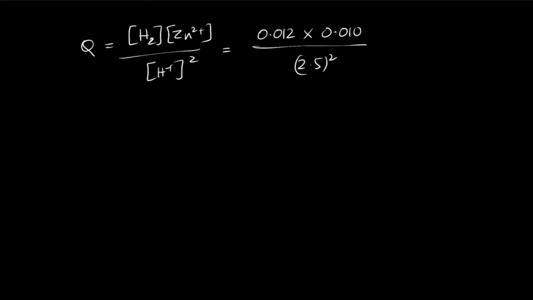So let's calculate the value. 0.012 times 0.01 divided by 2.5 squared. That gives you a value of 1.92 times 10 to the power negative 5.